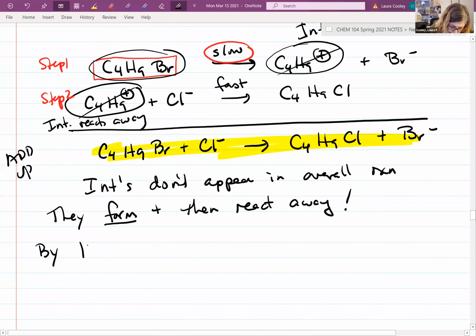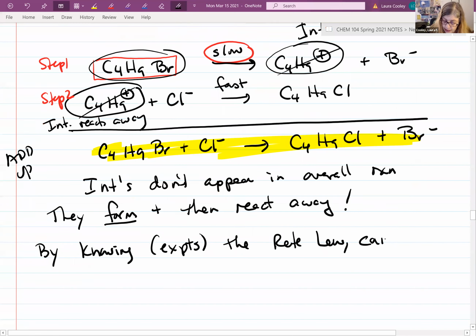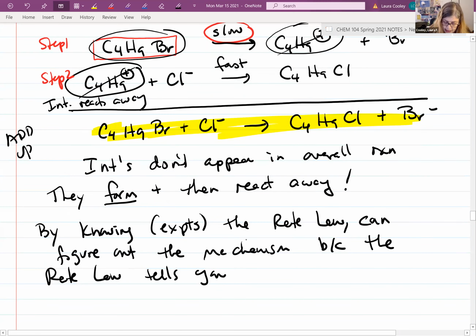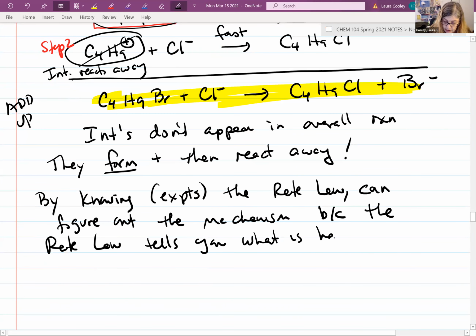So by knowing the rate law, and you do this from experiments, you can figure out the mechanism. And that's because the rate law tells you what is happening in the important slow step of the reaction.